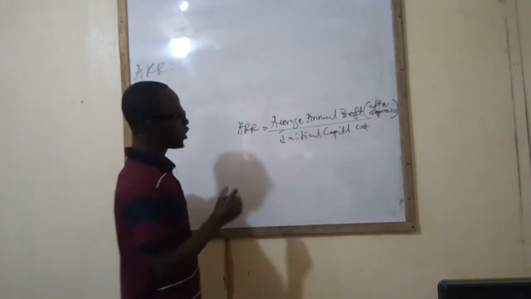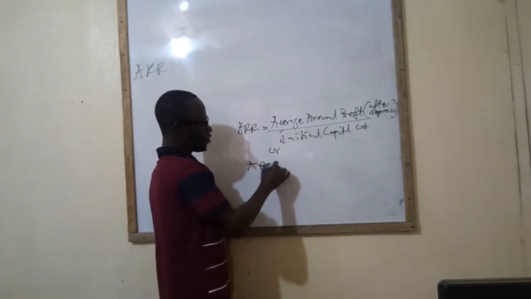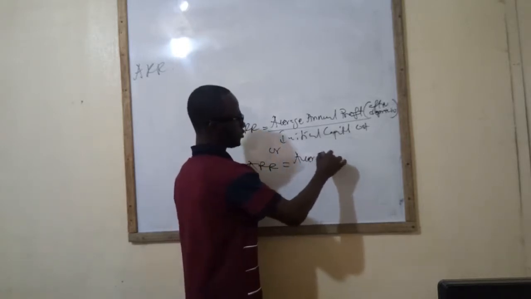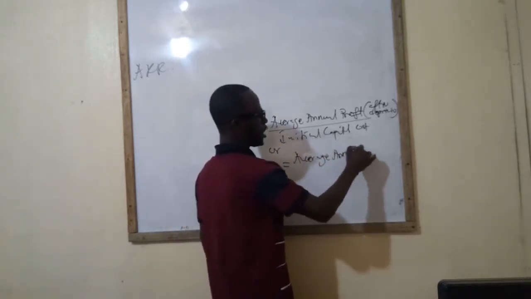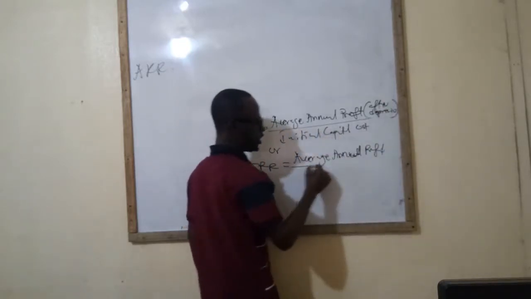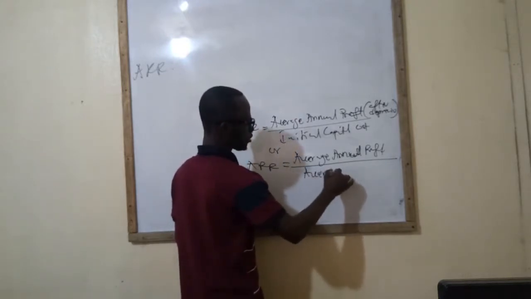Or another formula we could use is: accounting rate of return is equal to the average annual profit after depreciation divided by the average investment.